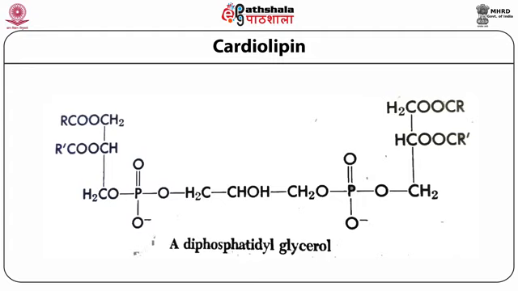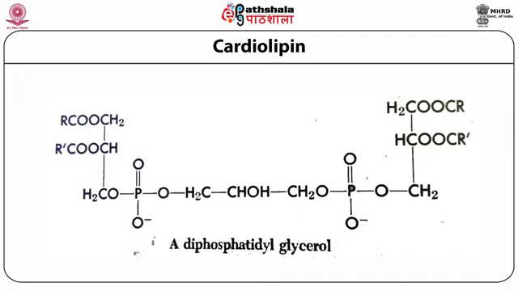Phosphatidylcholine and phosphatidyl ethanolamine are derived from diacylglycerol. Phosphatidyl ethanolamine can be transformed to phosphatidyl serine in animals in an exchange reaction.